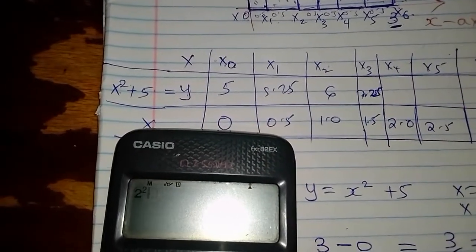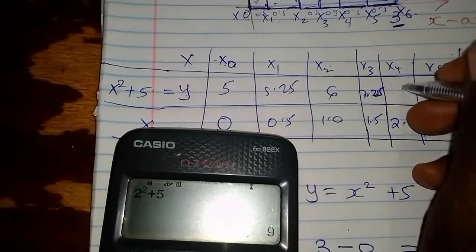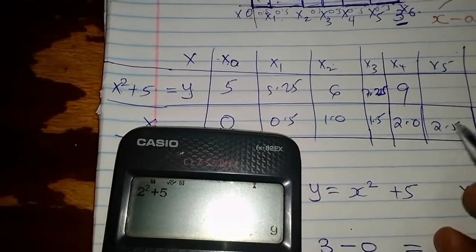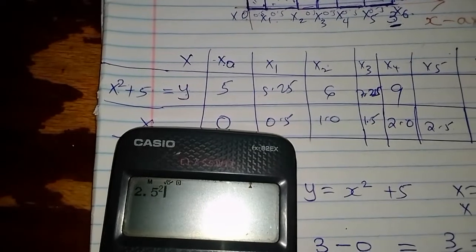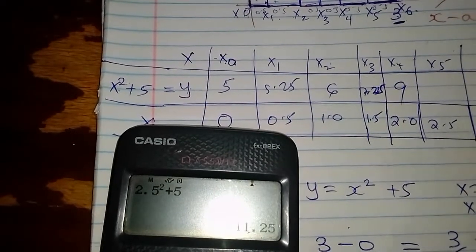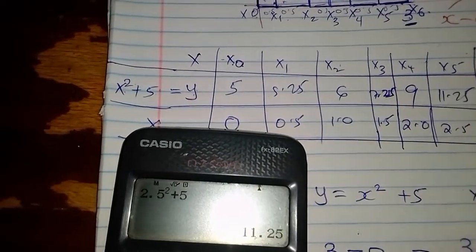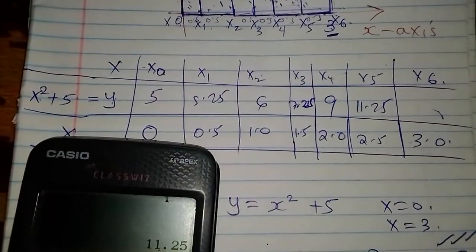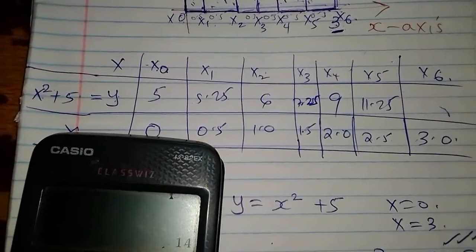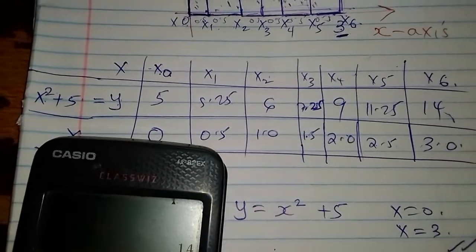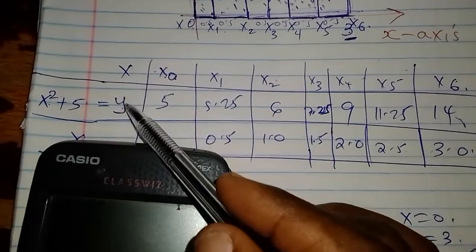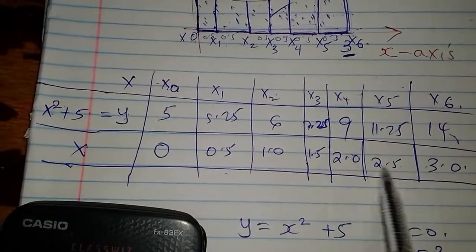So 2 squared plus 5, that gives me 9. Then 2.5 squared plus 5, that gives me 11.25. Then lastly, I have 3 squared, then plus 5, that gives me 14. Good. I'm done with getting the corresponding values of y when the values of x are given.